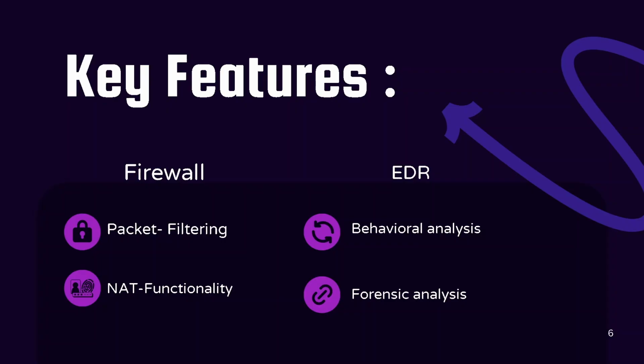EDR has behavioral analysis. It means that it will first analyze the behavior of the threat, and then do further complex analysis on how to mitigate it, how to prevent it from damaging a system. And it also does forensic analysis.